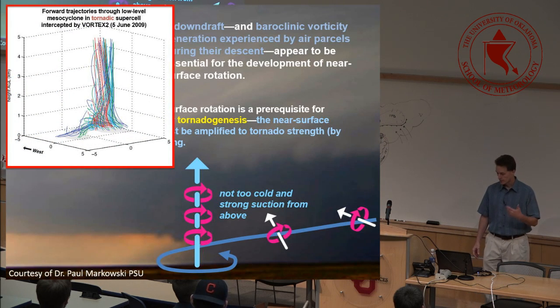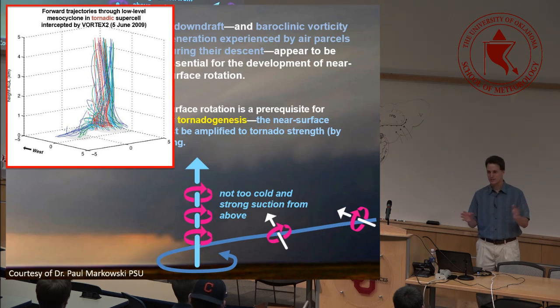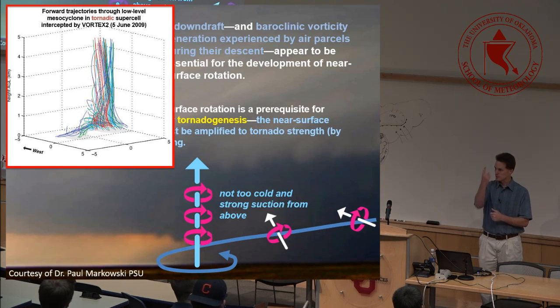Okay, another way to consider this is that if you don't believe me that the buoyancy part matters, these are forward trajectories using, again, detailed examinations of these storms. What you see here is you notice all the lines, these erupt upward. This says that they're releasing air parcels from that airstream and they end up feeding the deep updraft in the storm.